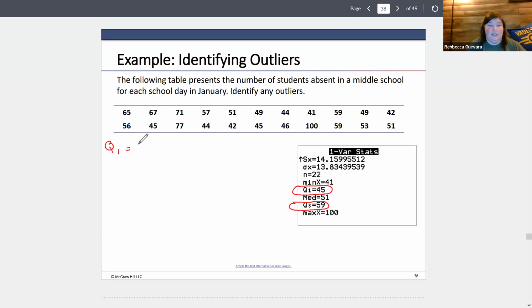Q1 is 45 and Q3 is 59. This represents the number of students absent. This must be a pretty good size middle school. Anyways, your interquartile range is your Q3 minus your Q1. So that's going to be 59 minus 45, and that will be 14.